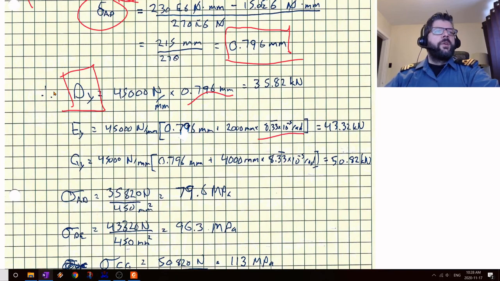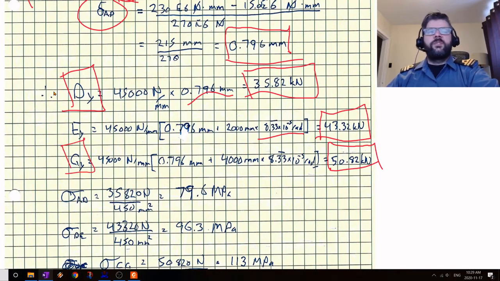Doing so gives us 35.82 kilonewtons for DY, 43.32 kilonewtons for EY, and 50.82 kilonewtons for GY. And if you're wondering, that adds up to within rounding errors of 130, which is what we expect because our applied forces are 50 kilonewtons and 80 kilonewtons. So at least that's consistent.